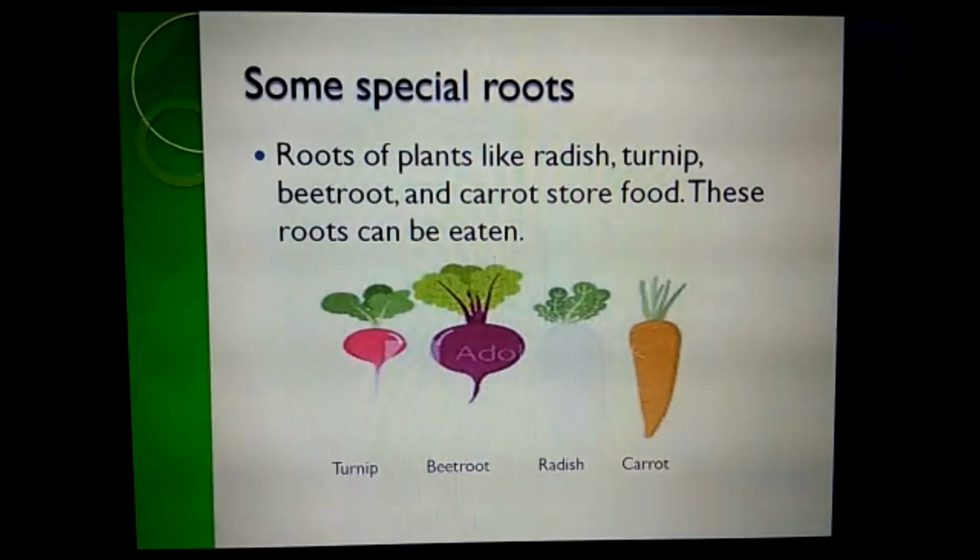Turnip is also a root which is below the ground and we eat turnip. Beetroot is also an example of a root which grows below the ground and we eat it. Radish and carrot are also roots that we eat. So these are some special roots that we eat.